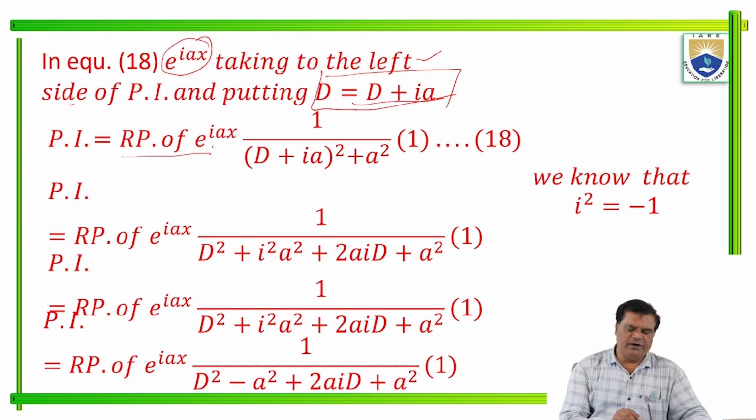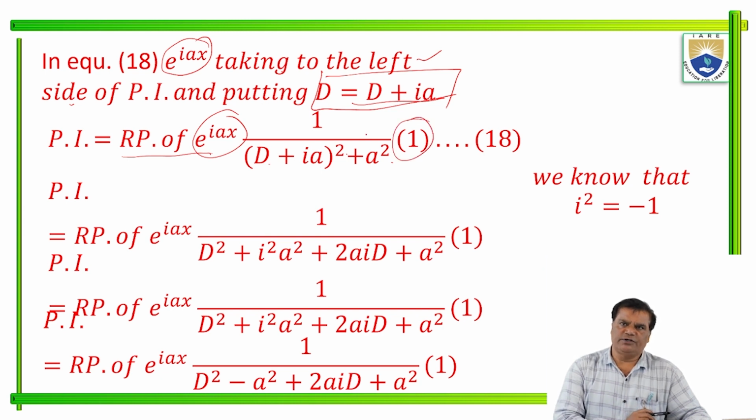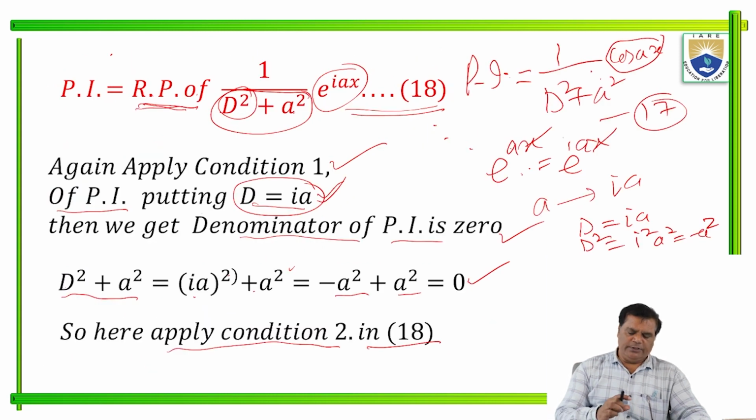So the real part of e to the power iax times 1 upon (d plus ia) whole square plus a square. The exponential function goes to the left side, and then there is only one number, a constant, which is 1.